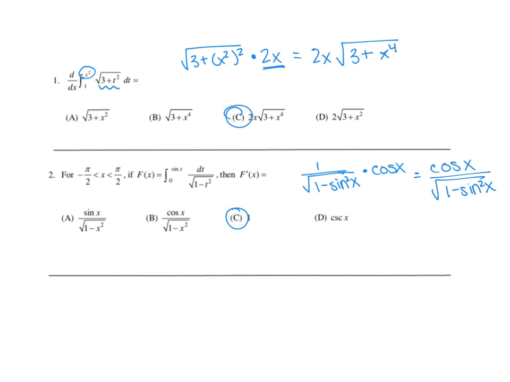So the key is that 1 minus sine squared is equal to cosine squared. So that substitution is the one that has to be made to get this final answer, because this is what's going to simplify just to the number 1, because the square root of cosine squared is just cosine, giving us cosine over cosine.